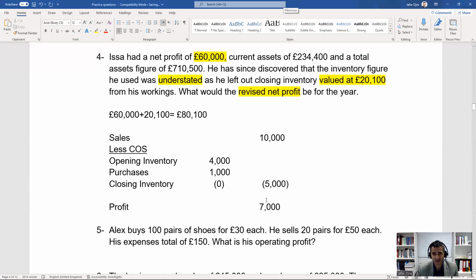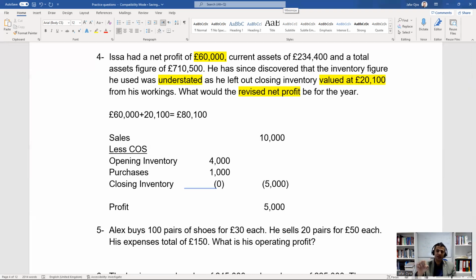And as a result, the profit is now 5,000, from 7,000. Can you see, guys? Because we missed out the closing inventory by 2,000.